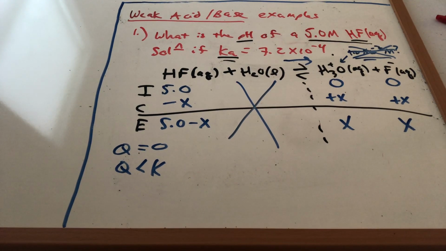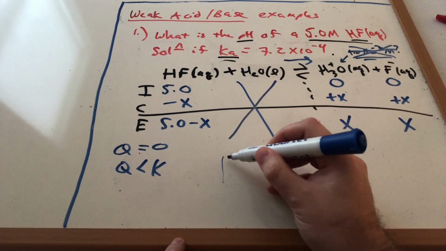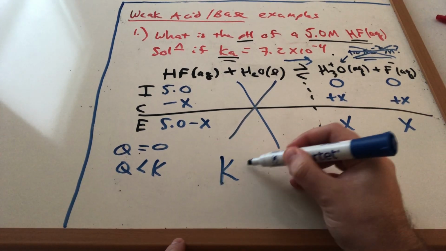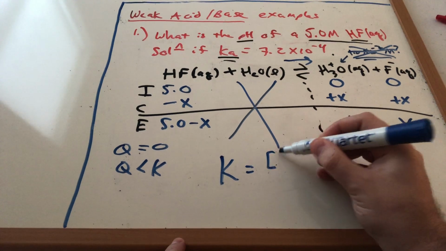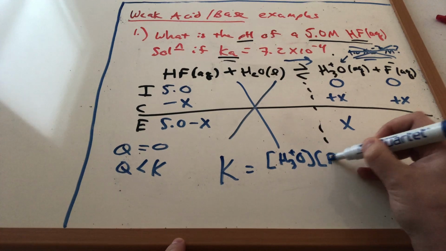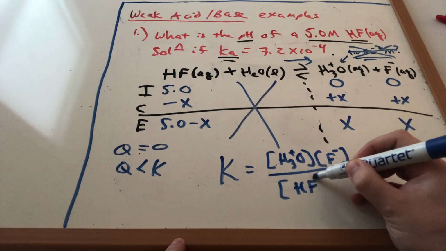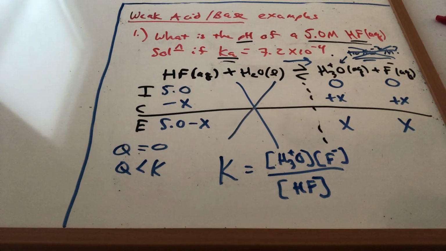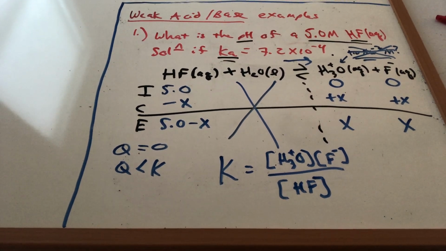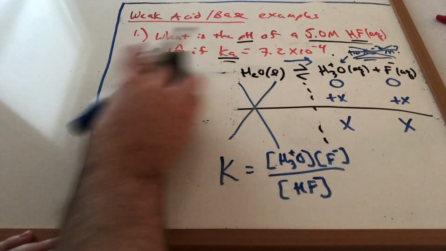So now I'm ready to attack this problem from a mathematical standpoint. I know that my K expression is going to look like my H3O plus concentration, my F minus concentration, all over my HF concentration. And why is water not included? We reminded ourselves that we're just going to cross that out because it's not needed. So now let's get into the math part.